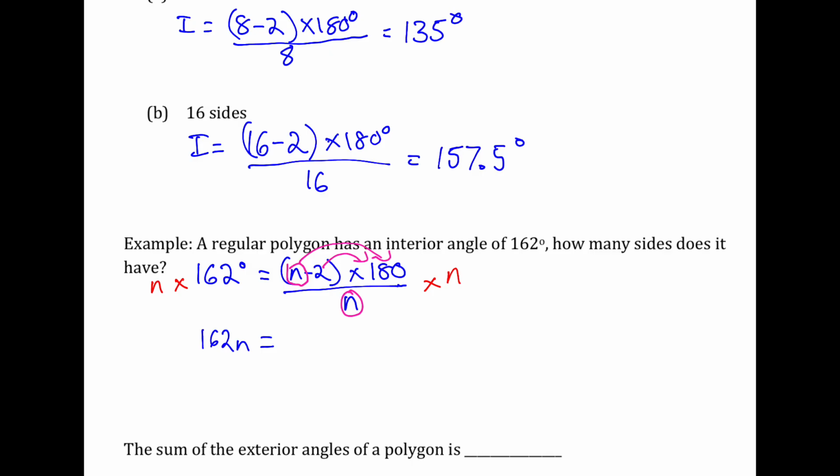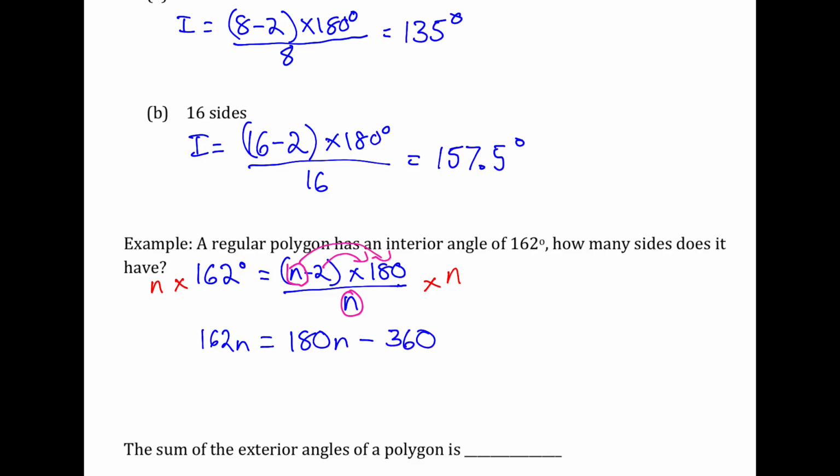Next thing, we're going to get 180n minus 360.